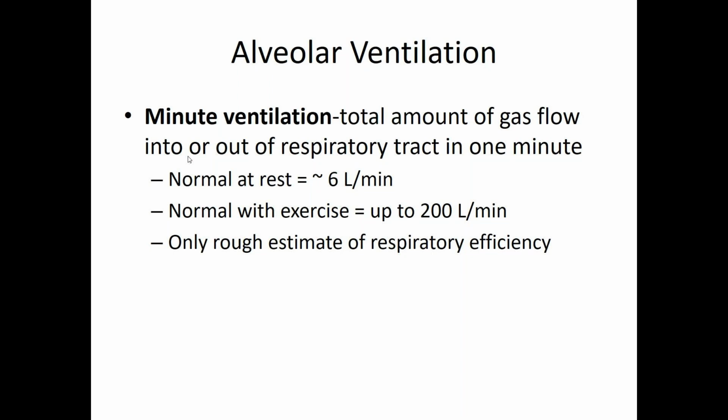On average, you take about 20 breaths a minute, and you do this at about half a liter per breath, which gives us 6 liters per minute. We can move that up to maybe 200 liters per minute, dependent on our fitness.